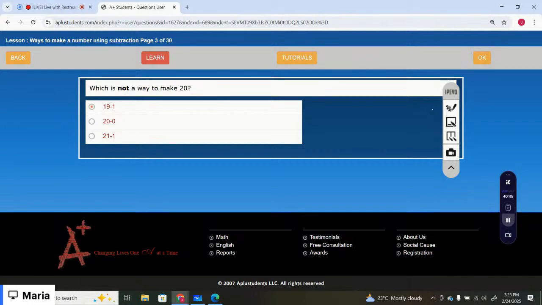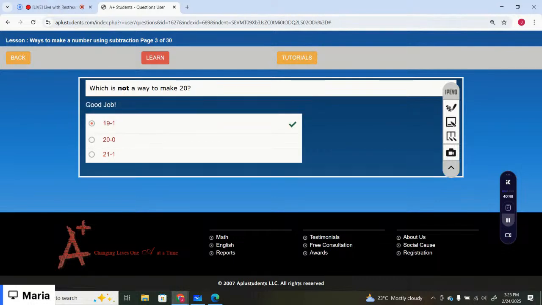That is 19 take away 1 is 18. Option number 1 is the correct option.